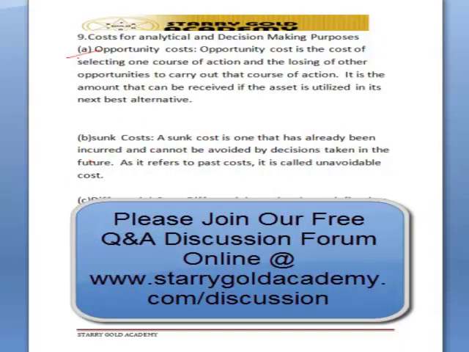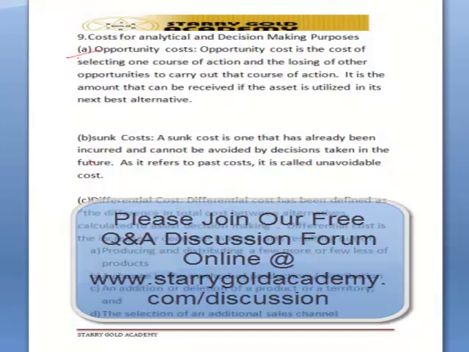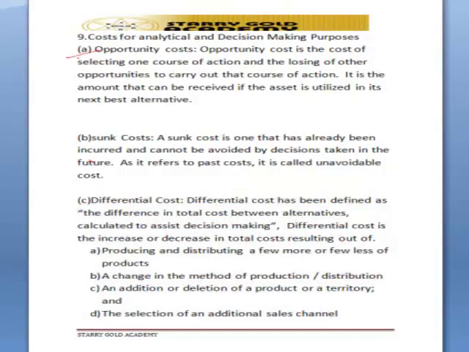It is the amount that can be received if the asset is utilized in its next best alternative. And sometimes, I always say, opportunity cost is the benefit forgone from the alternative not chosen. For analytical decision purposes, we must consider our opportunity cost.